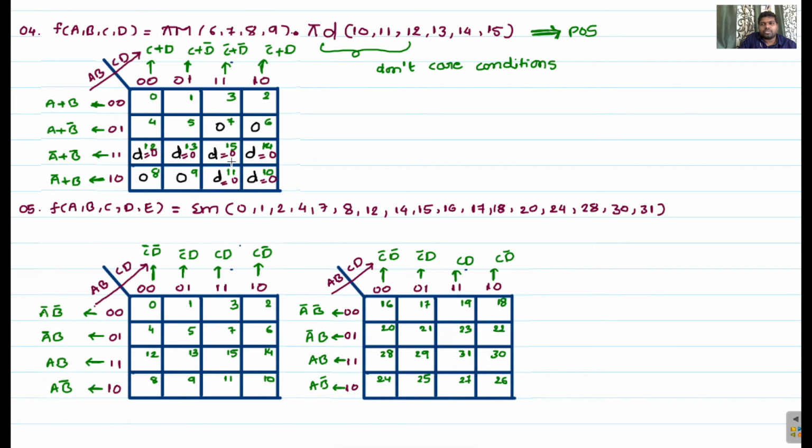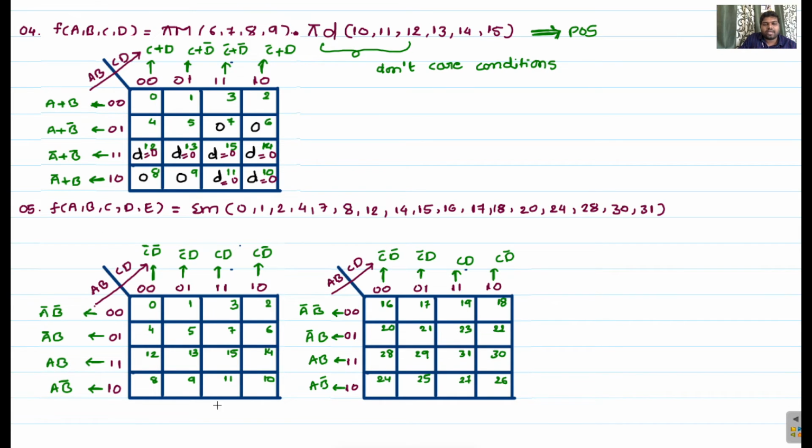Then there is a possibility to get the grouping of 8 adjacent cells that will lead to reduce the number of literals. That means the resultant term having only one literal. That's why we are able to reduce the Boolean expression. So wherever necessity is there, in that case we should consider don't care values.